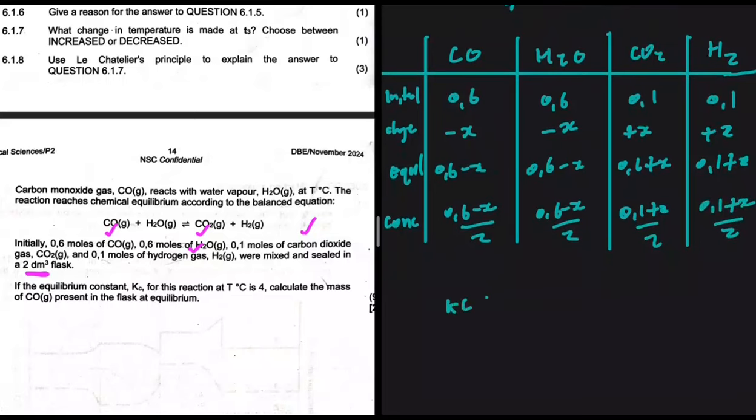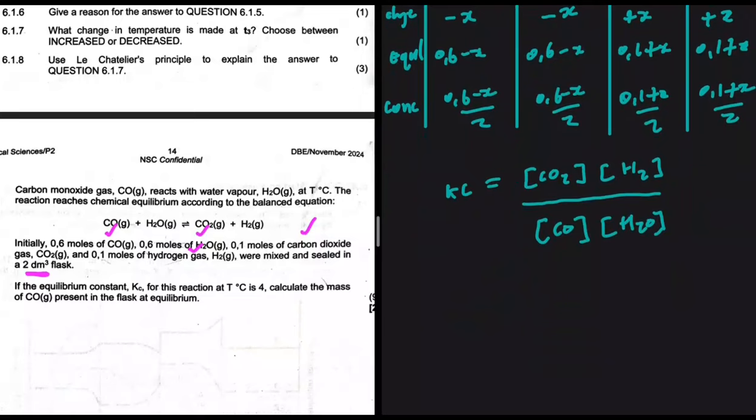So Kc is equal to the concentration of CO2 multiplied by the concentration of H2, everything divided by the concentration of carbon monoxide multiplied by the concentration of H2O.